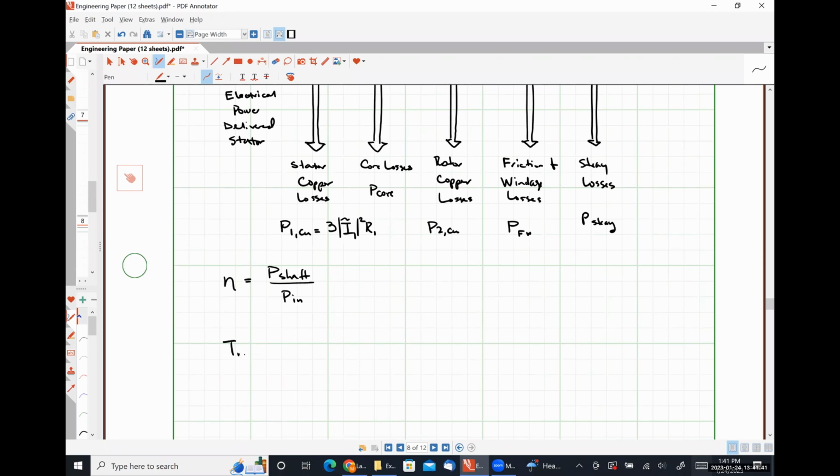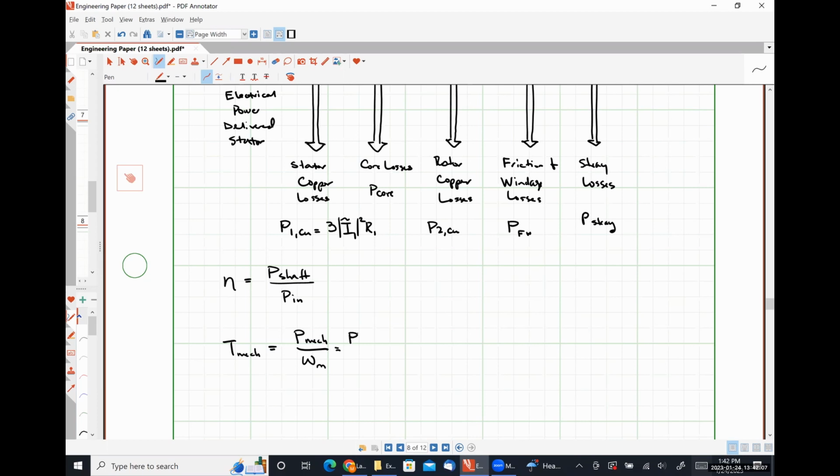And we can actually also develop a couple of simple torque relationships here. So the torque that is delivered across the air gap effectively, or the delivered mechanical torque, I guess would be a better way to put it, is the mechanical power divided by the angular velocity of the rotor.